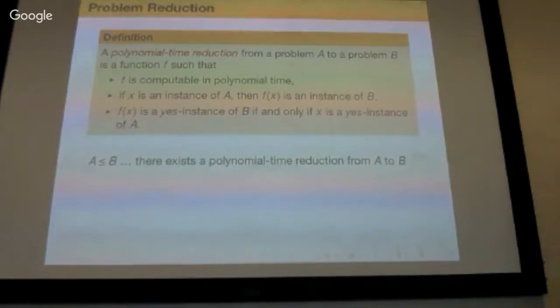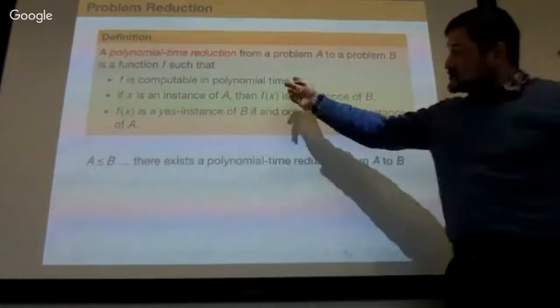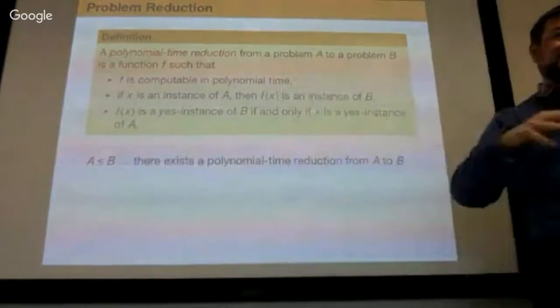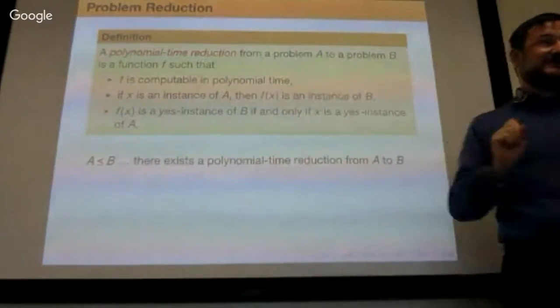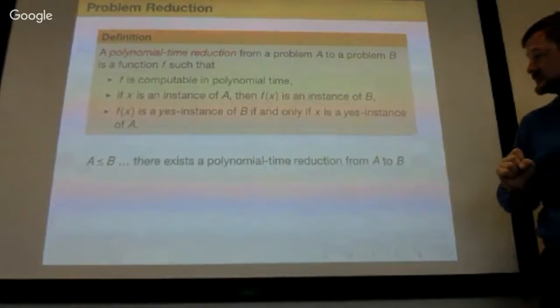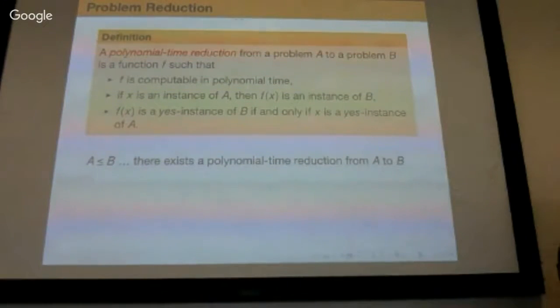So, a polynomial time reduction is an algorithm. It's a function together with that algorithm, computed in polynomial time. Just think of an example. We saw how one can solve the batch planning problem in certain cases using the shortest path algorithm.